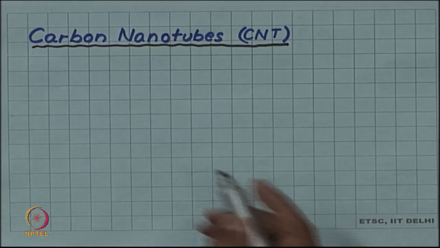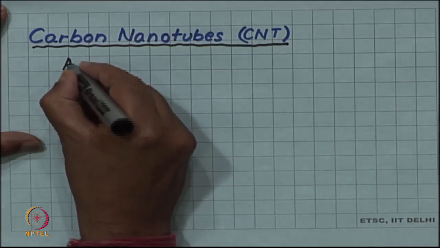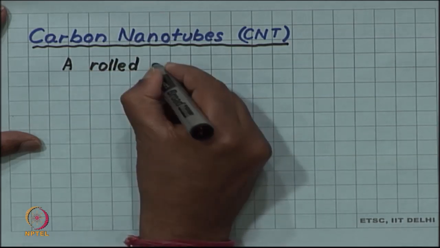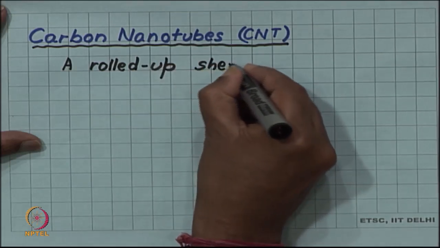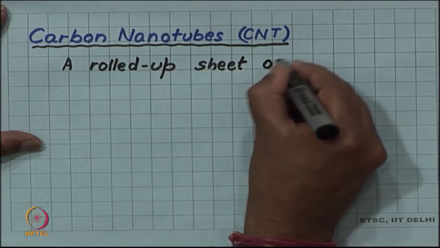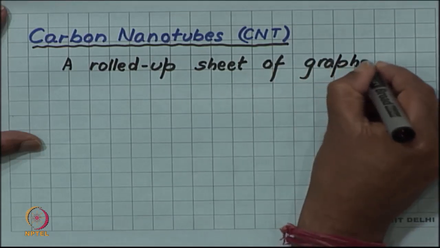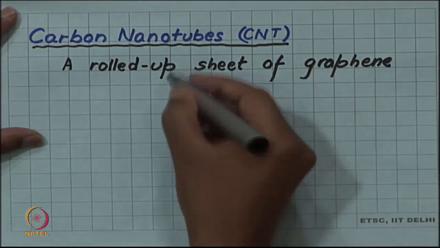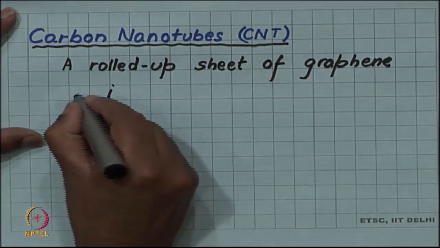A carbon nanotube is nothing but a rolled up sheet of graphene, a sheet rolled into a tube.